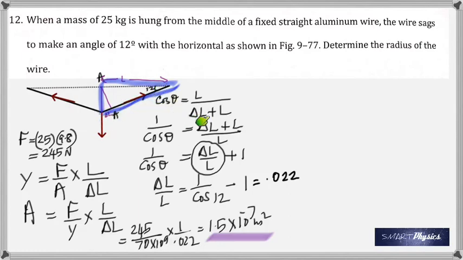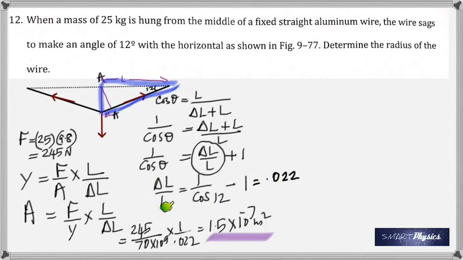And so you get this. Take the reciprocal, both sides. So now I can divide each one by this. So this becomes L by L, which is 1. And then I rearrange this side. You know why I'm doing all this? Because I need to find this ratio. Now I got it. It's 1 by cos 12 minus 1, which is 0.022.